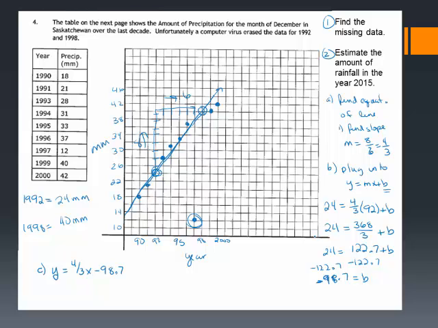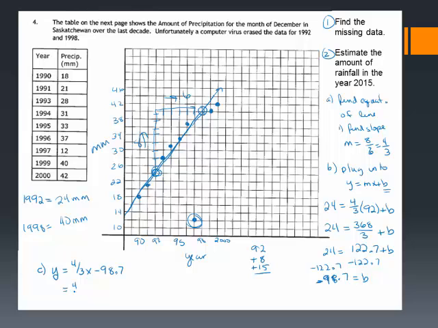So that's going to be 8 more years to 2000 plus another 15 years. So I'm going to do 92 plus 8 plus 15 to figure out what number to plug in for x. So 92 plus 8 plus 15 is 115.